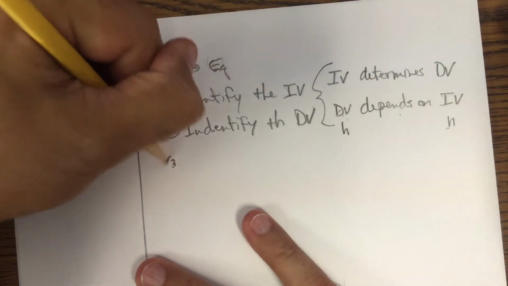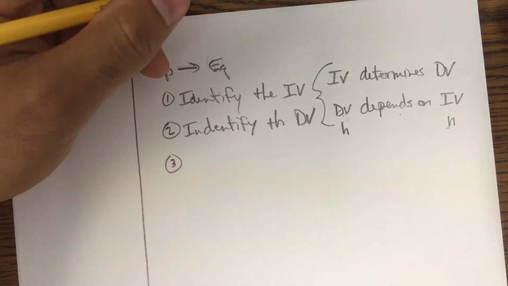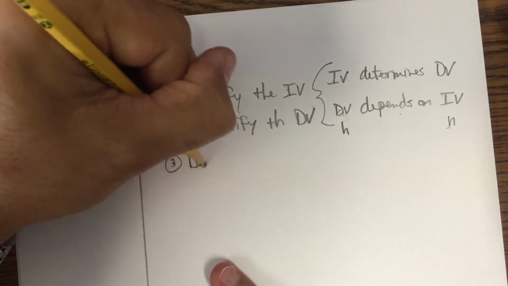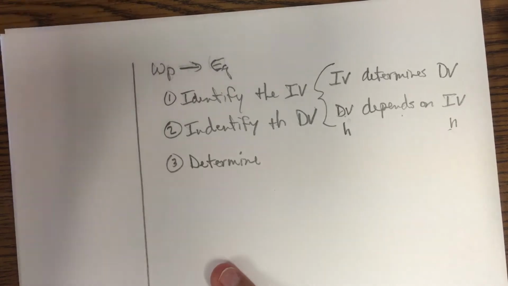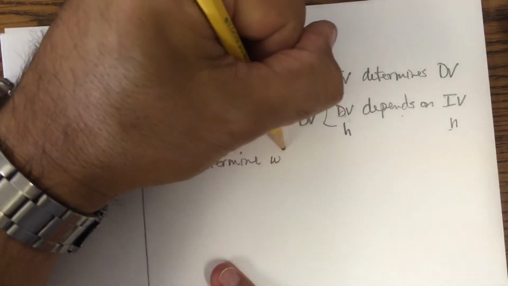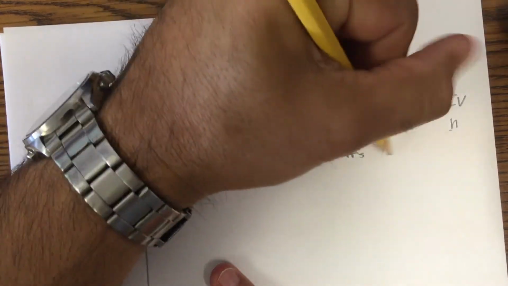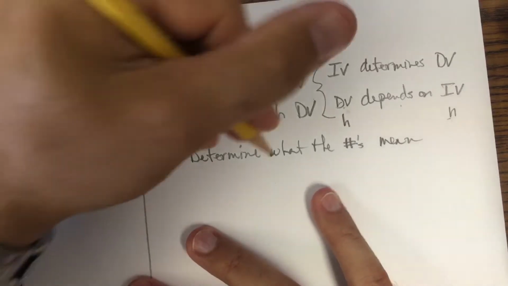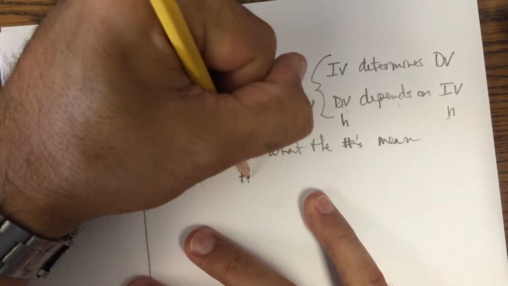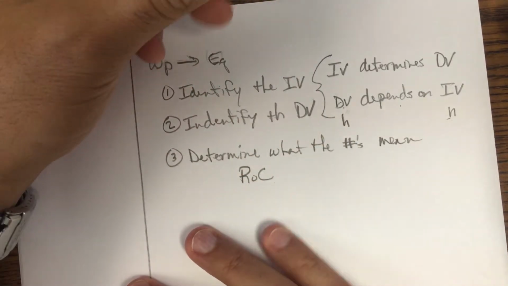The third thing that we need to do is we need to determine what the numbers represent. Because there's always going to be numbers in the problem. We need to know what the numbers mean. Determine what the numbers mean. And here are your options. The numbers, there can be a rate of change.